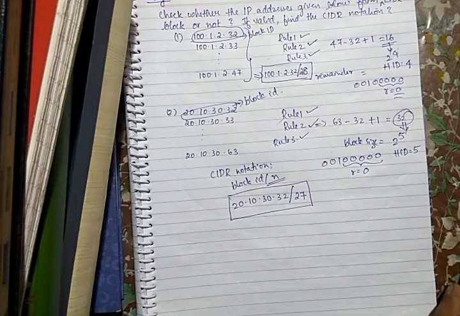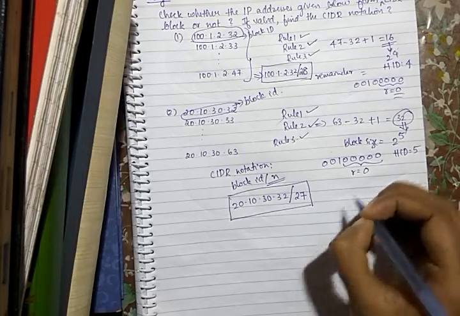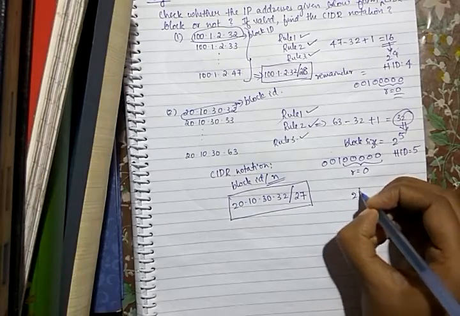Okay, that is about classless addressing, and this is what we are following in our current scenario. Whether it is classful or classless, we have the overall problem of address depletion. With 32 bits, you can have 2 raised to 32.